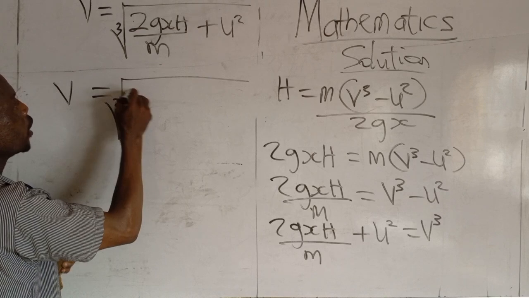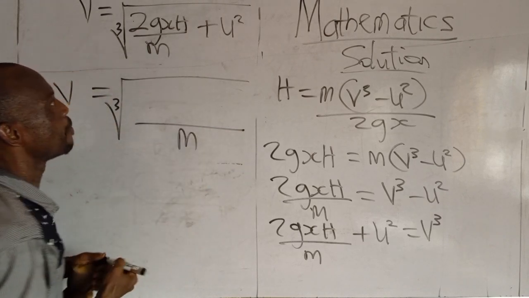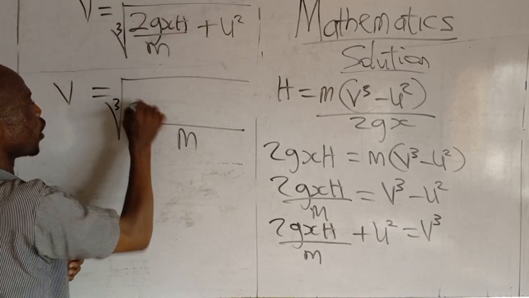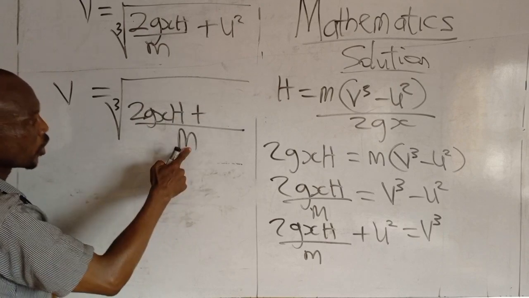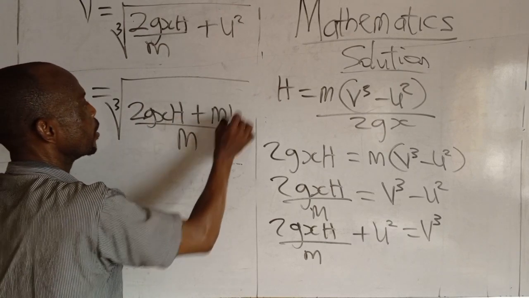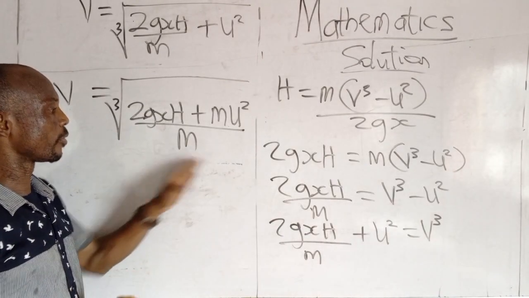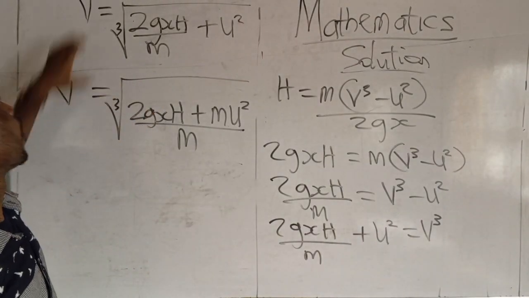Finding the LCM here, what do we have? LCM here is M. M divided by M will give you what? 1 times the value on top. You have 2gxH. Then plus, we now have what? MU squared. And this gives us what? The final answer. So your answer can be either in this form or in this.